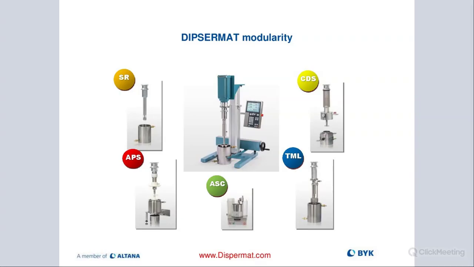Some people like to disperse or mill under vacuum to remove any type of air bubbles, or to have a TML basket mill, as you see on the bottom right, and then also possibly a wall scraper unit for very thick and pasty materials. The ASC can be very helpful in these instances.